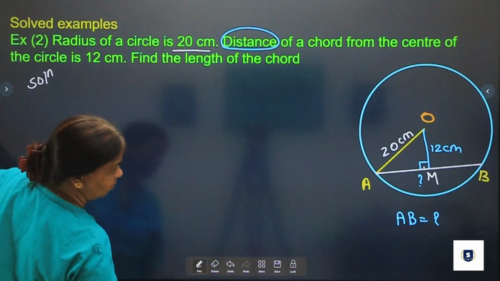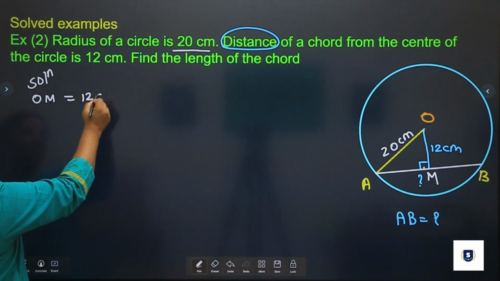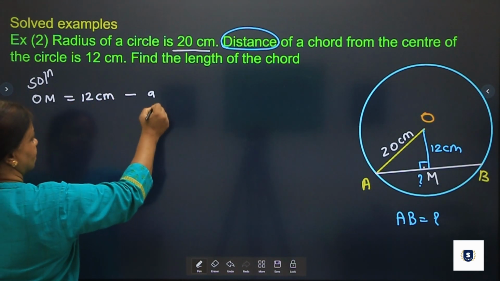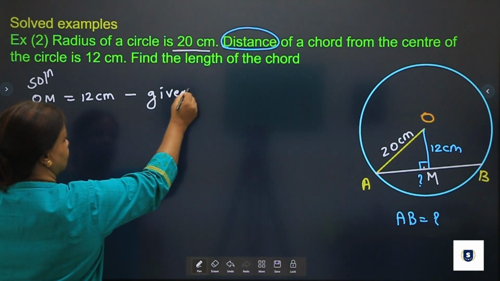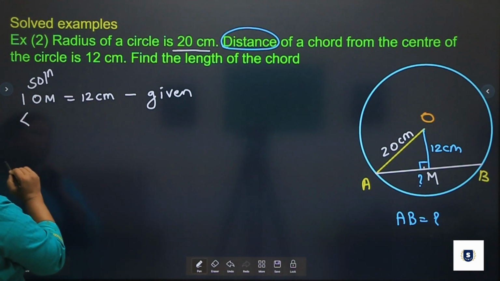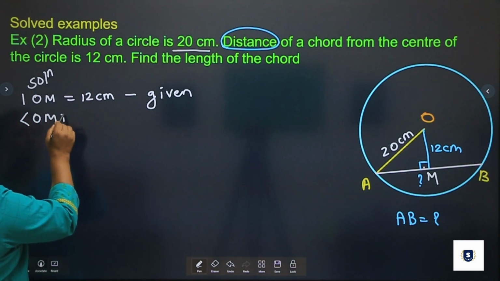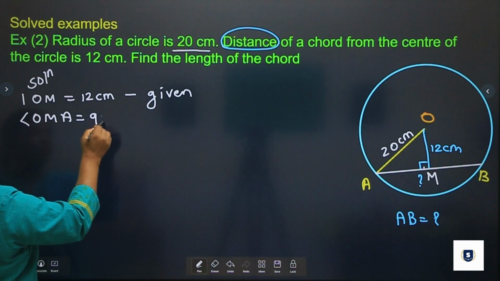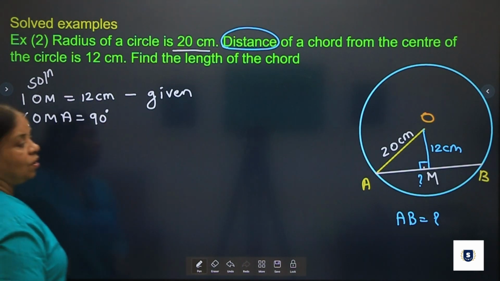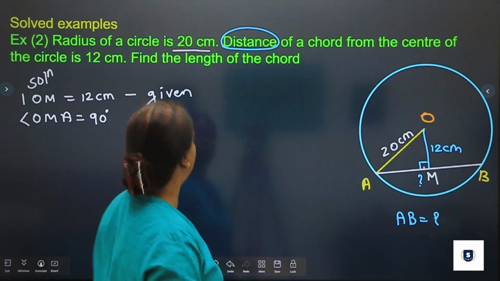We can say OM is equal to 12 centimeter, given. And angle OMA is equal to 90 degree. Why is angle OMA 90 degree? Because OM is perpendicular to AB.